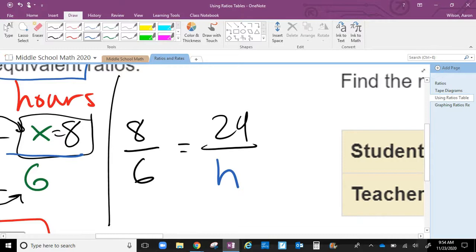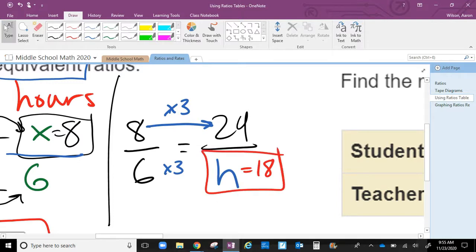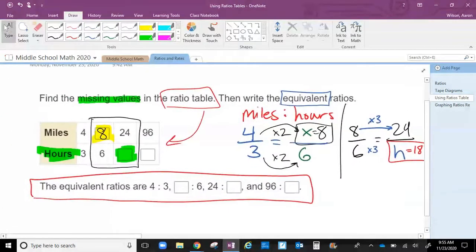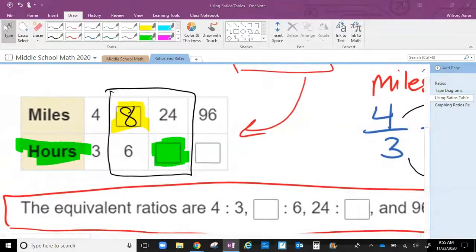I see it has been tripled, otherwise known as multiplied by 3. And if you're multiplying the numerators by 3 to make equivalent ratios or equivalent fractions, you have to multiply the denominator by 3. So what is 6 times 3? 6 times 3 is 18. So that means we've just found that it is 18 hours for 24 miles.